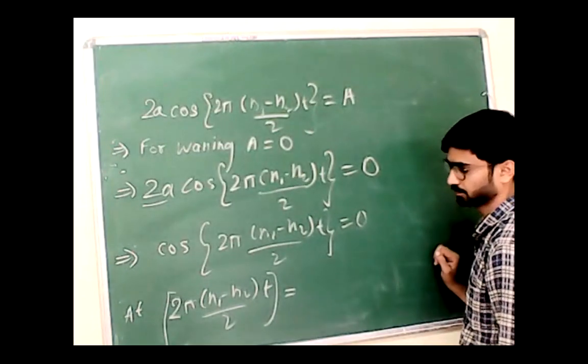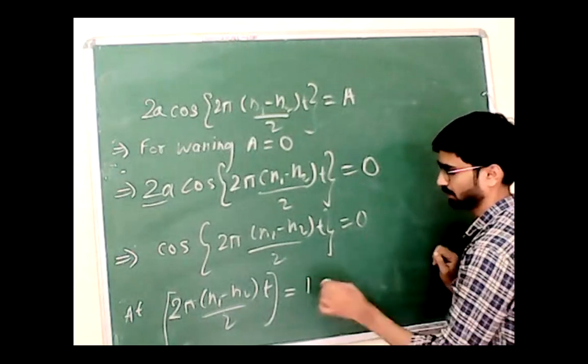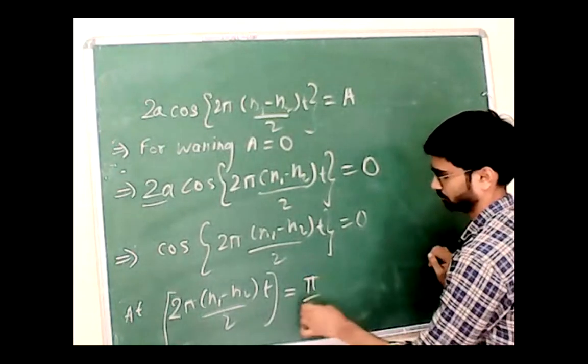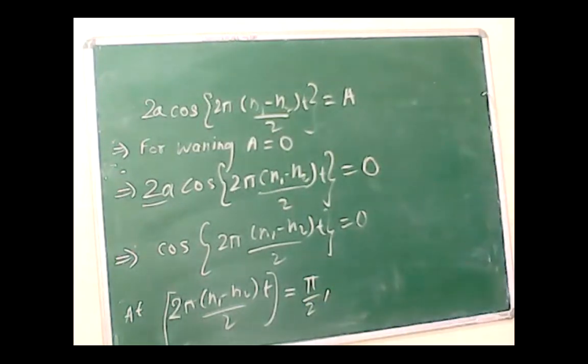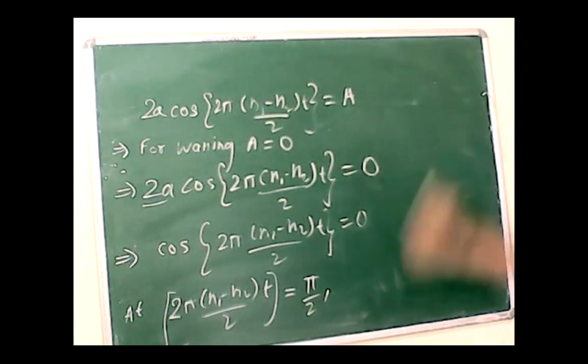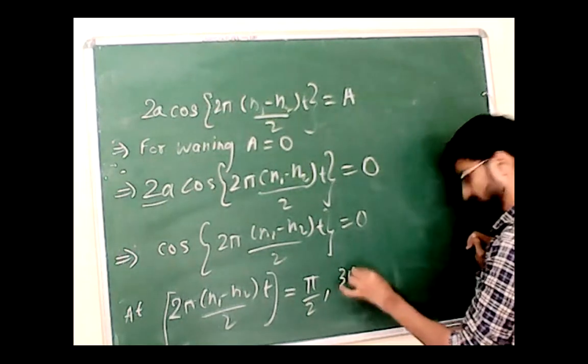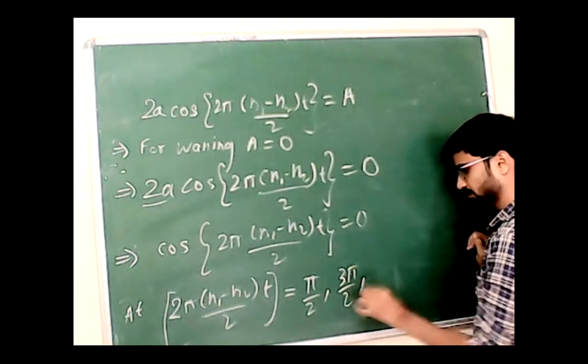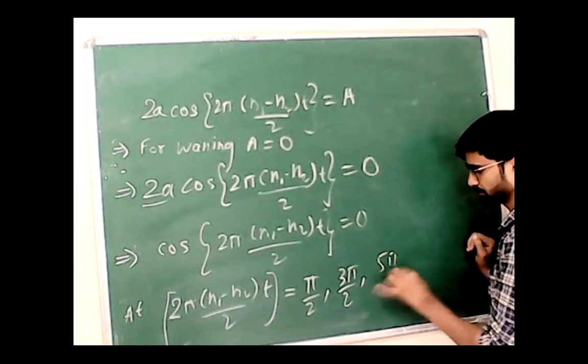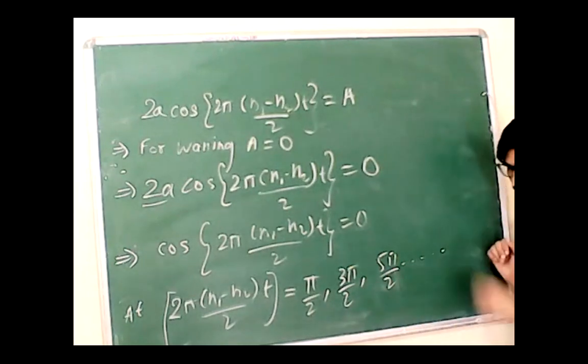The answer is that cos is 0 at pi by 2, correct? cos 90 is 0. Then next is 3 pi by 2, then 5 pi by 2, and so on.